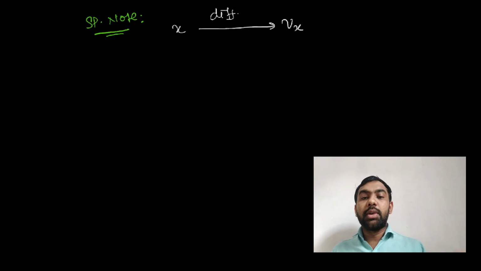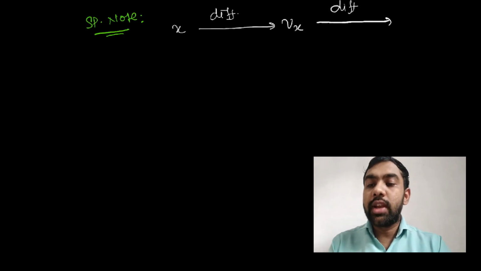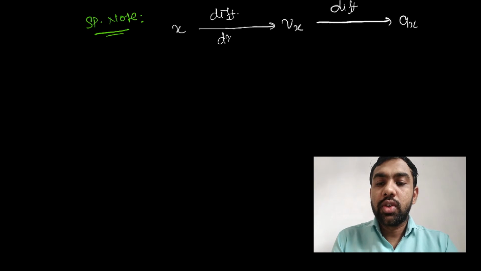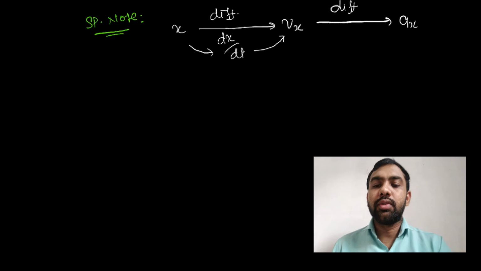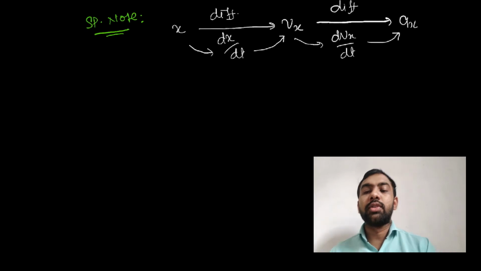What do you get? Velocity, but here vx. If you differentiate vx, then you get the answer ax. Okay, means what? dx by dt, you get vx. dvx by dt, means what? You get ax.